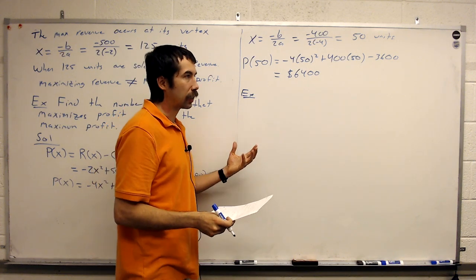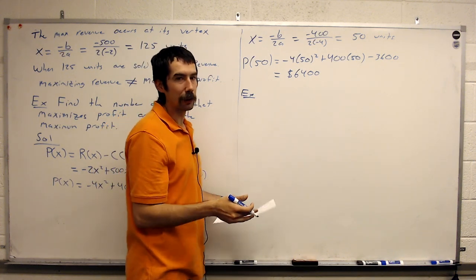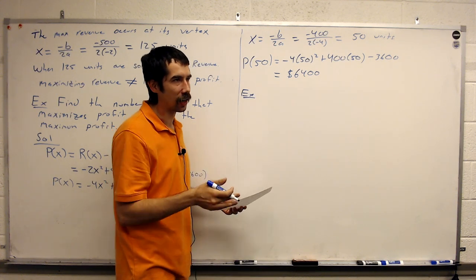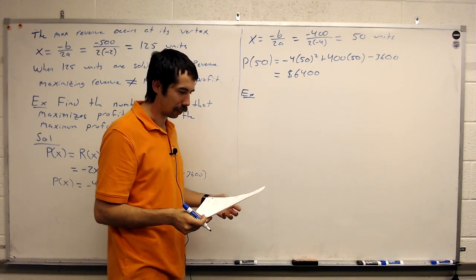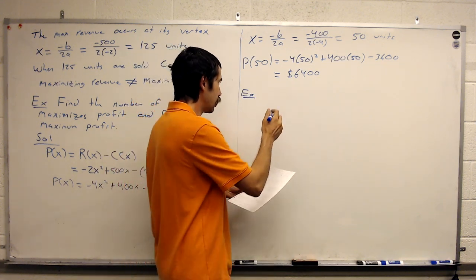When we first looked at supply and demand, we assumed that the supply and demand curves were linear. And that was just because it's easy to draw lines. It's not really how it works in real life. The curves are typically curves. And so let's take a look at an example.